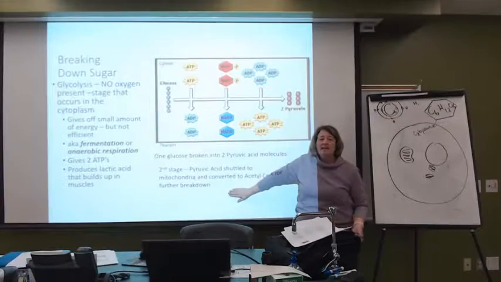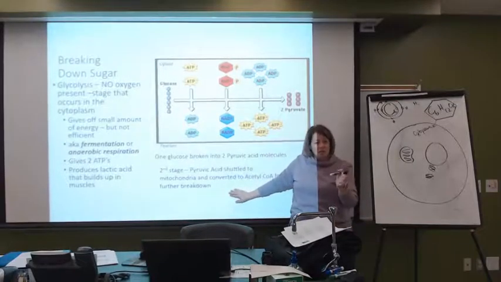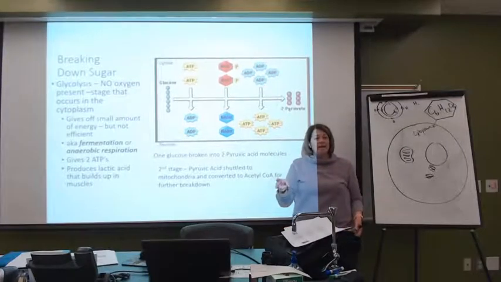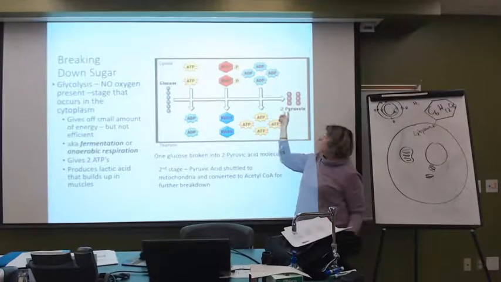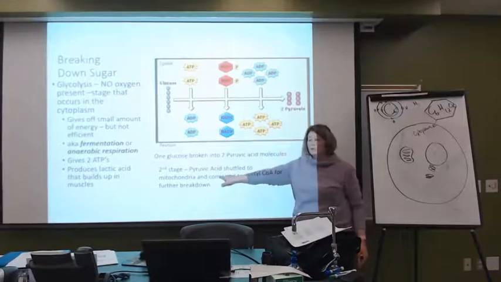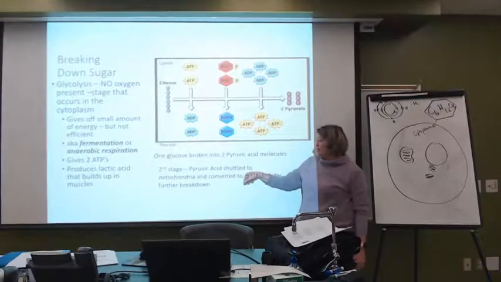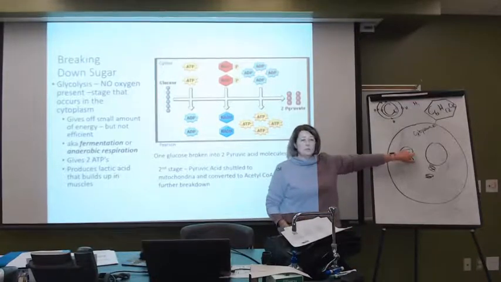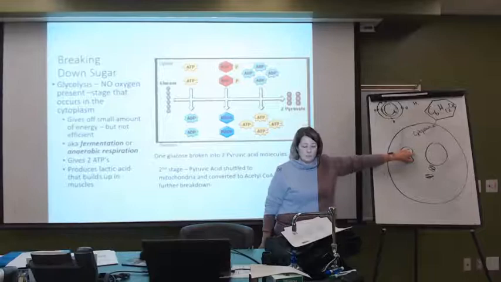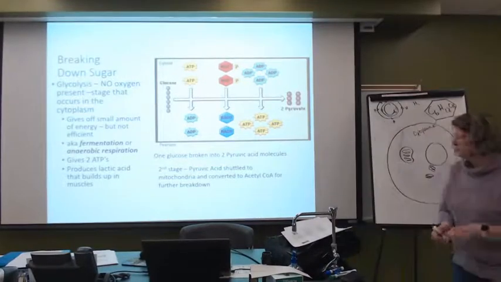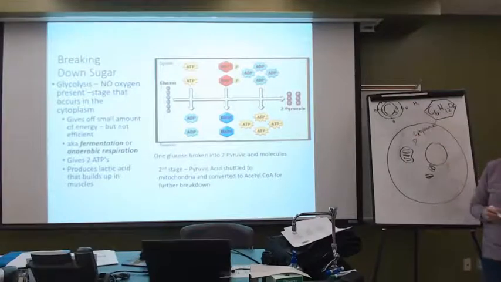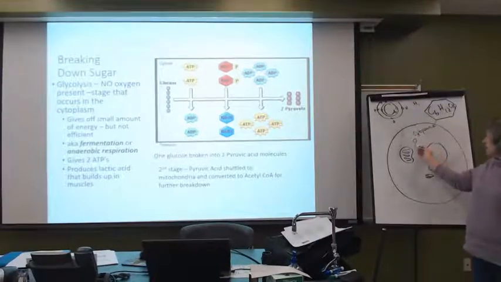The second stage, depending on literature that you look at, okay, they will say the second stage is where these pyruvates, these pyruvic acids, they now get shuttled to the mitochondria. So my 2 pyruvates, I'm going to just label them the P's, okay? They'll now get shuttled to my mitochondria.